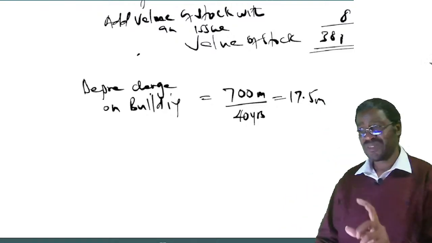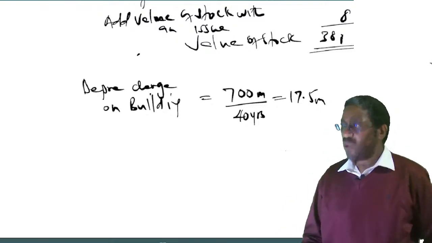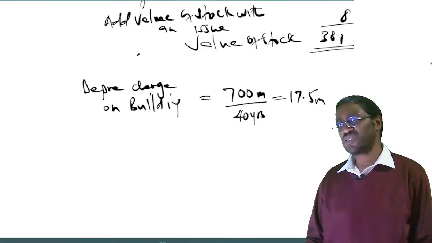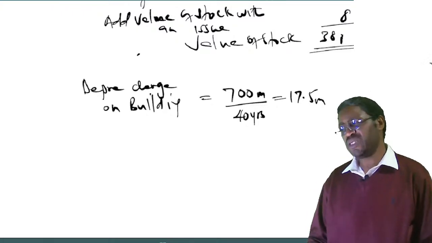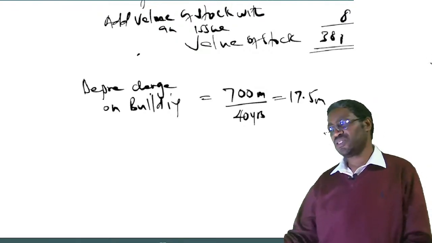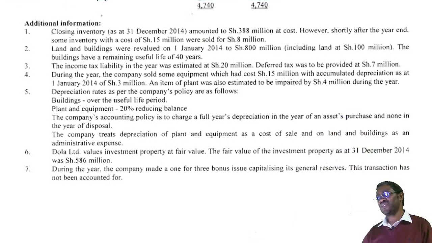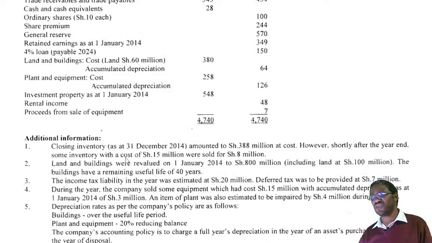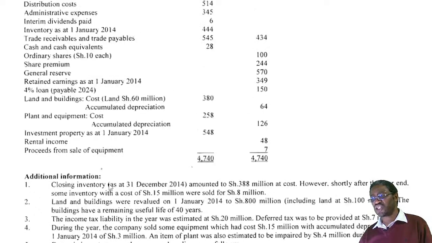That's one. Now, I want to take you back to the trial balance so that you compute for me the gain or loss on revaluation. So let me take you there so that I challenge you. I see how much you will get as the gain or loss on revaluation. You can check the trial balance. Listen, that trial balance, look at it.